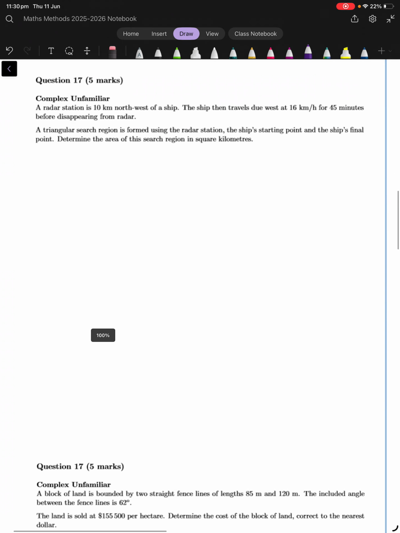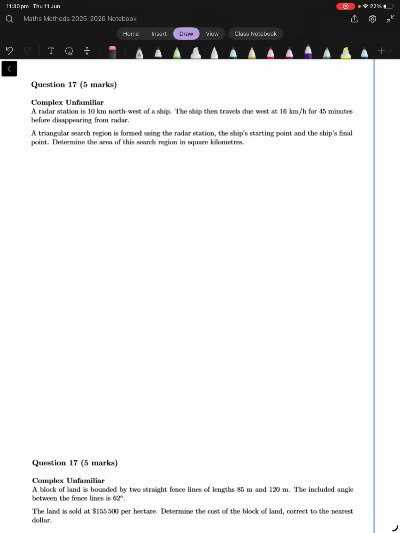Now this one here, a radar station is 10 kilometres northwest of a ship. Nice if you can say let R equal the radar station, and S0 equal ship's starting point.